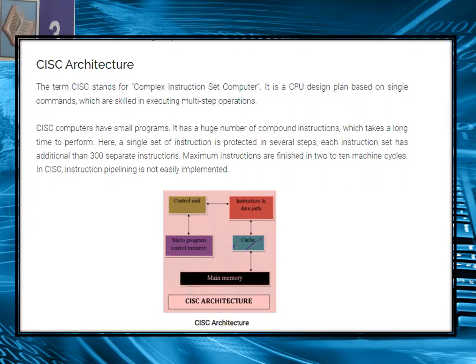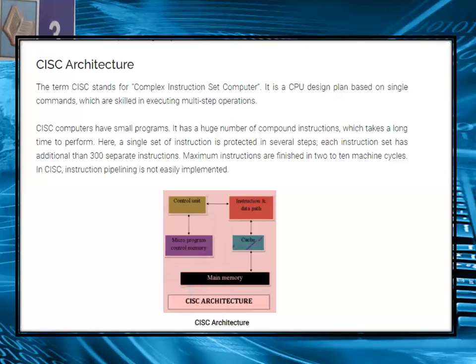So CISC stands for Complex Instruction Set Computer. It is the traditional architecture of CPU that supports a large variety of instructions. These instructions may have different lengths and use all addressing modes and require complex circuitry to decode them. CISC architecture is complex because of the instructions used at the hardware level.